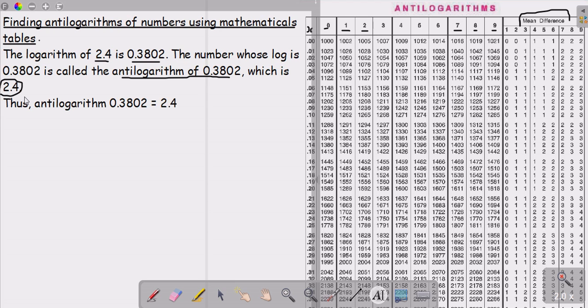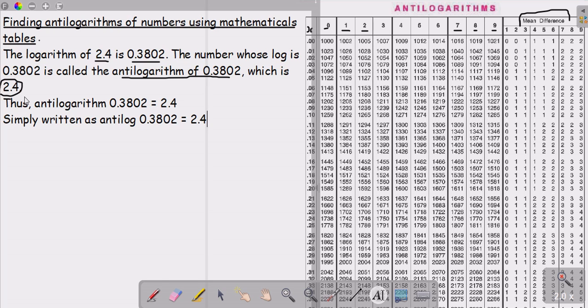We can also write it simply as antilog 0.3802, and its answer has to be 2.4.